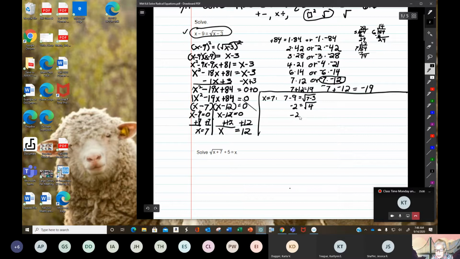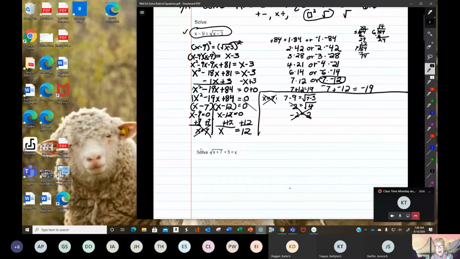So negative 2 equals the square root of 4, which is 2. So negative 2 equals 2. Wrong. They're two different numbers. In fact, they're on exactly opposite sides of 0 on the number line. So I have to mark this out, and I have to take special note that 7 will not work if it's substituted for x.